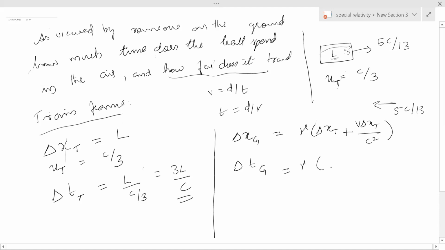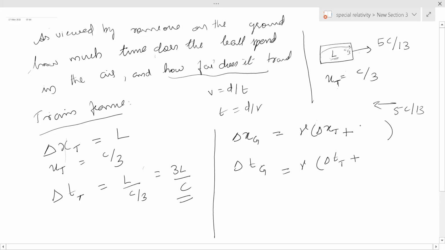What about delta tg? That's gamma, delta t plus v by c square delta x. What is the transformation for the coordinate?